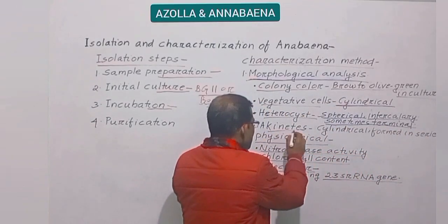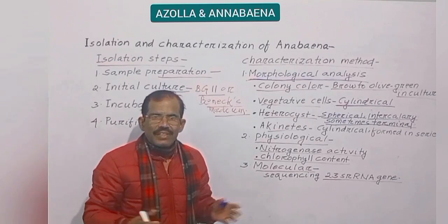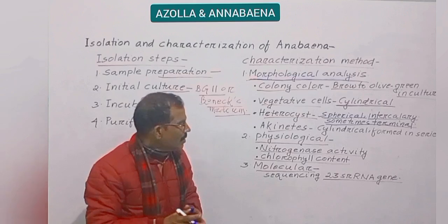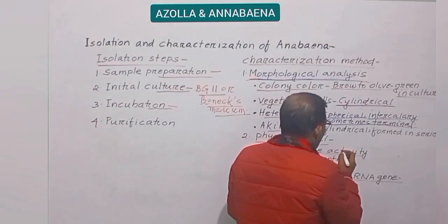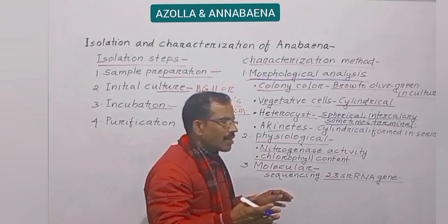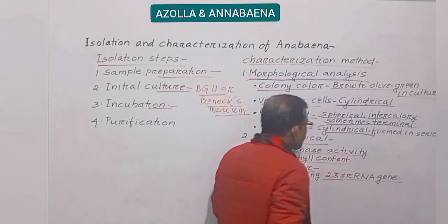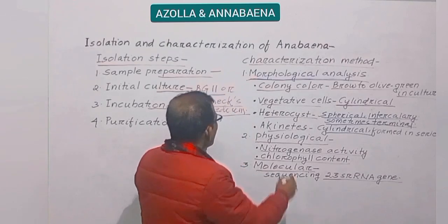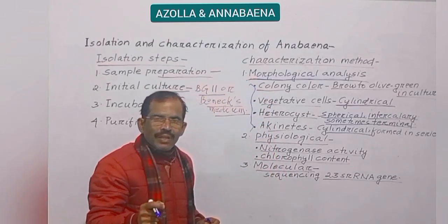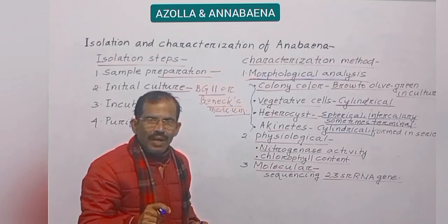The last one is akinetes. Akinetes are also modified cells, comparatively larger than vegetative cells, and these akinetes are formed in series away from heterocyst, and these modified cells are cylindrical. So by examining all these morphological features, we can determine the identity of the particular species of Anabaena.